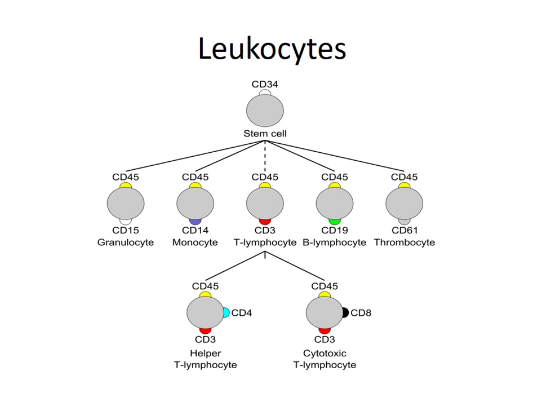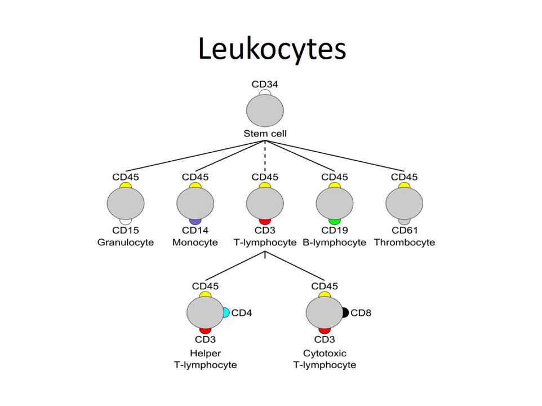So CD45, CD3, and then the next thing we want to know is what makes CD4 cells different from CD8. And of course, as simple as that, it's the CD4 molecule and the CD8 molecule.